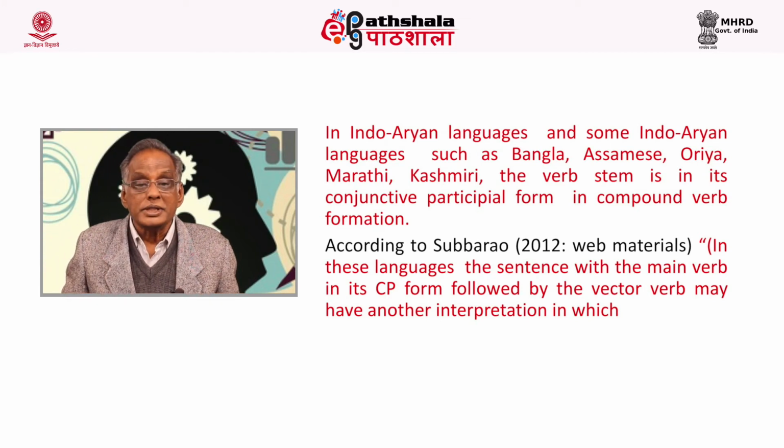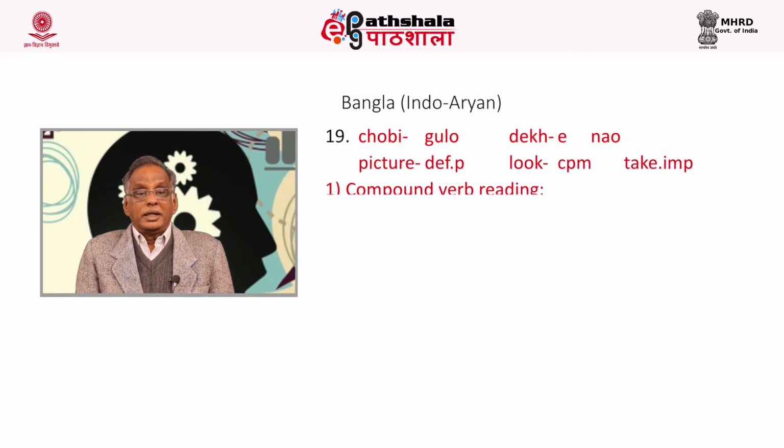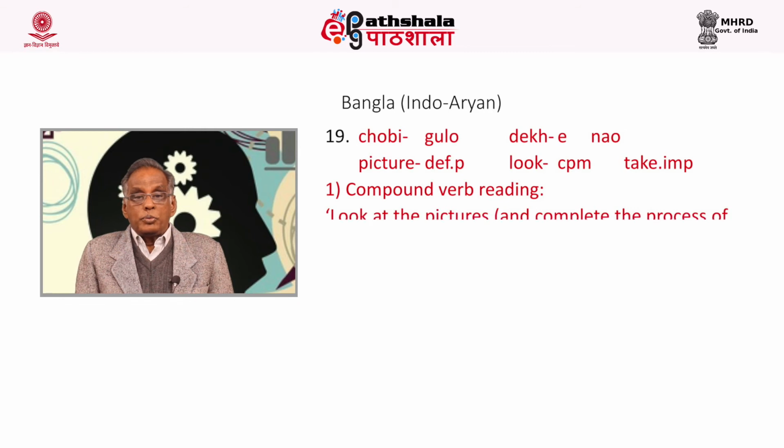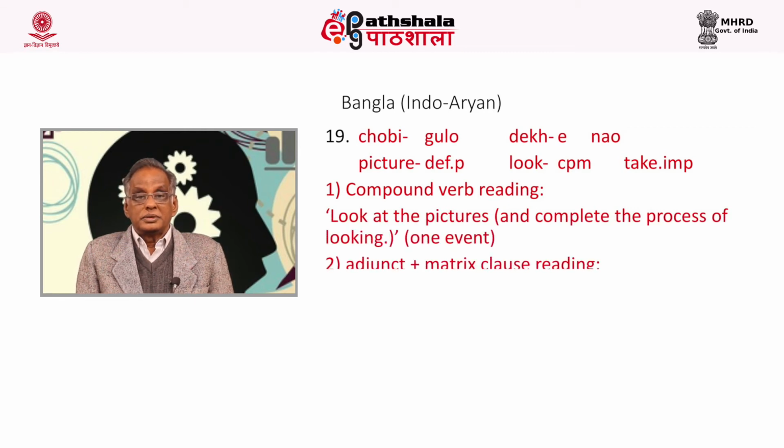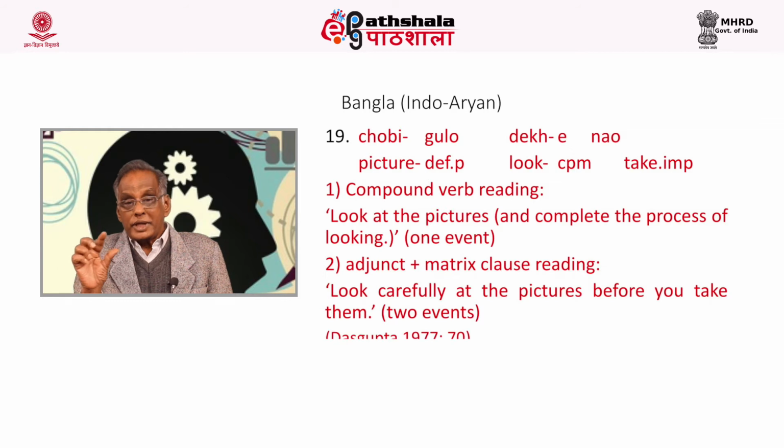Let's take an example and see. Sentence number 19, ছবিগুলো দেখে নাও. Here, dekh is the main verb. Now is to take. If I were to translate this into dekh lo, because in Hindi, my verb is in the stem form.